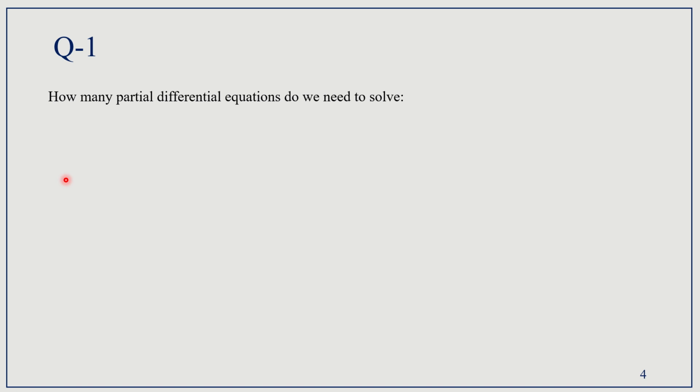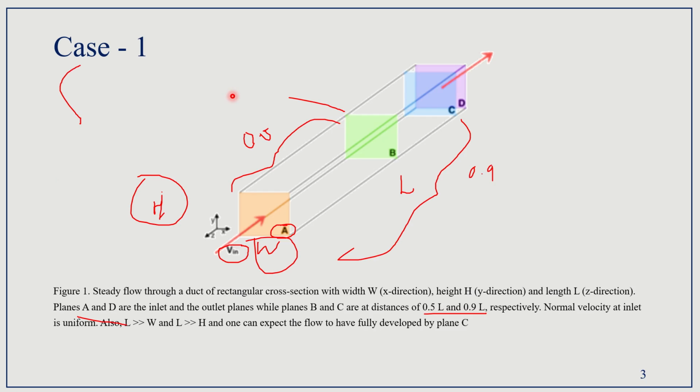So in total we have four equations. So how many partial differential equations do we need to solve? We need to solve four partial differential equations in order to solve this particular geometry. So similar is this particular case. Here also we are solving the flow through a rectangular duct. Since we are dealing only with the fluid flow and not considering any other things that are happening inside the system, we need to solve four partial differential equations.